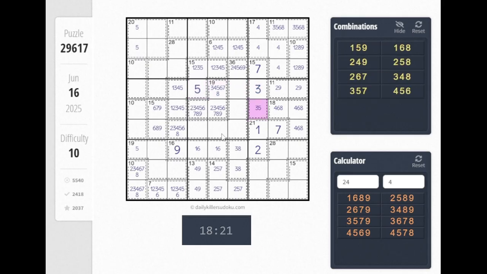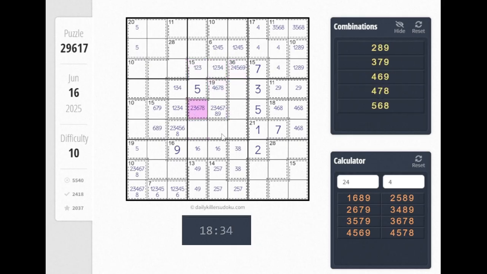And finally, check our 5s. Yeah, so not a 5 either. So it has to be 1.